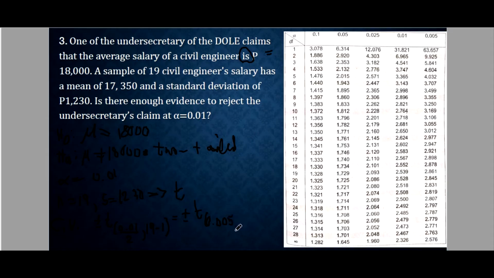And 19 minus 1 is 18. Thus, our critical values: we have 0.005 here and 18 here, so we have 2.878. This is now positive and negative 2.878. So these are our critical values.